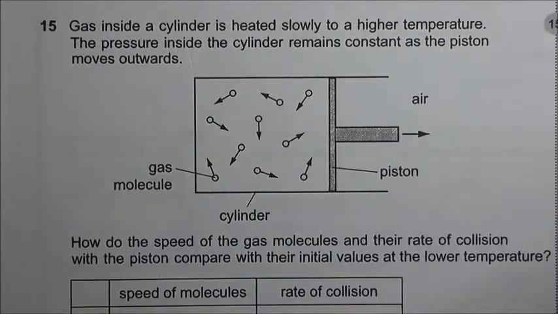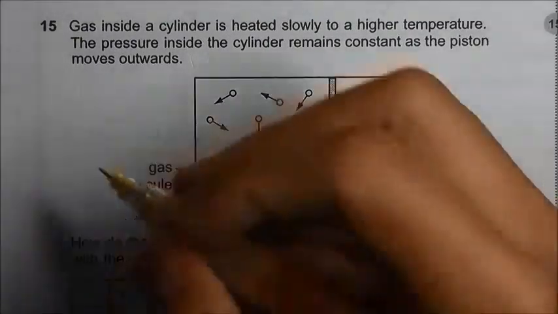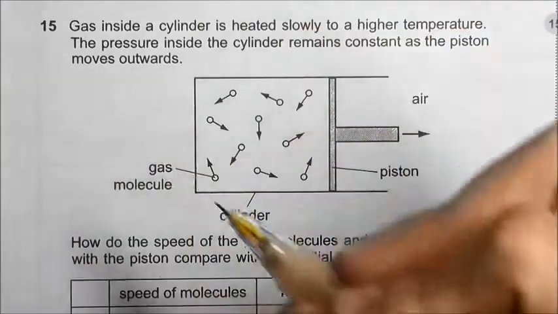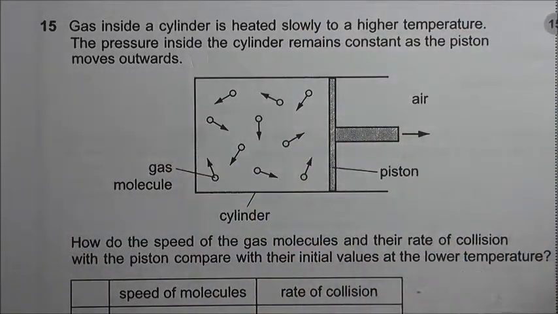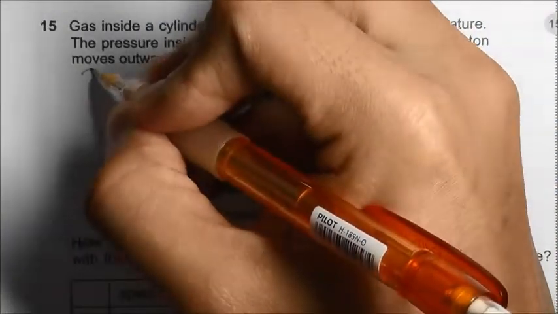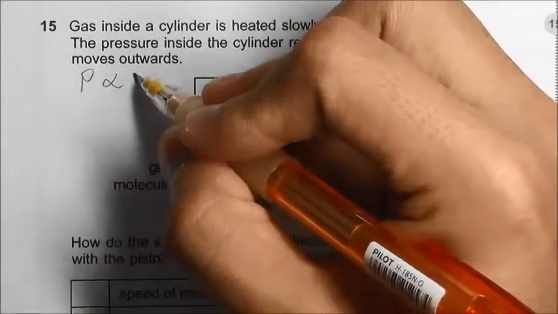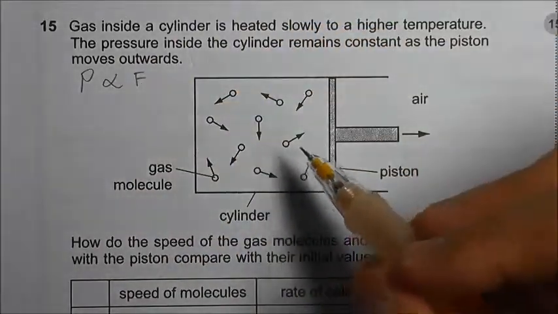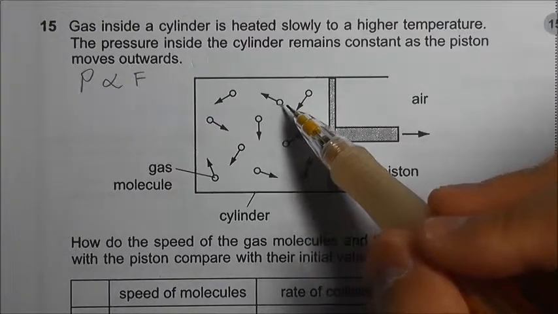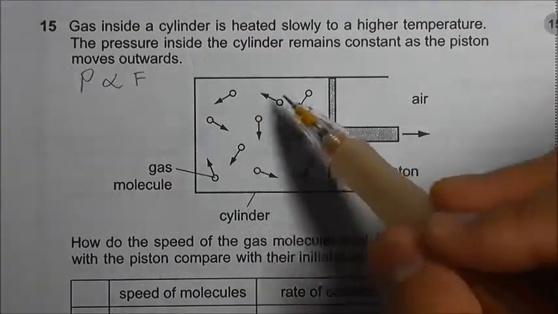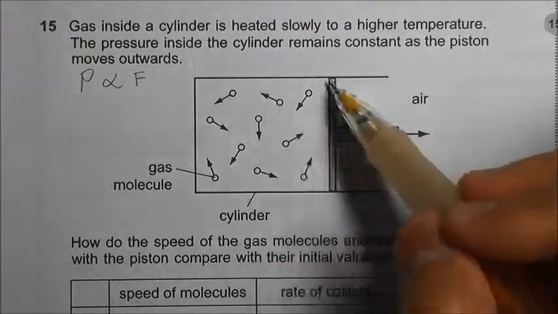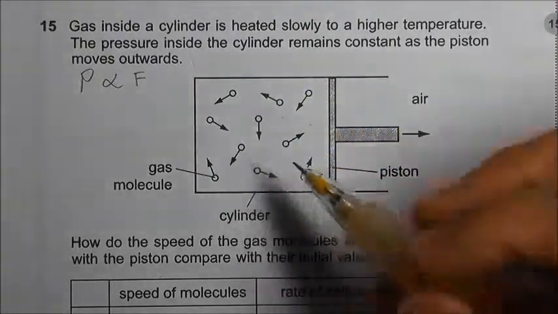Before we attempt this question, let us recall that pressure is the force acting per unit area. So pressure is proportional to the force, which is the force of the air molecules on the walls of the cylinder.